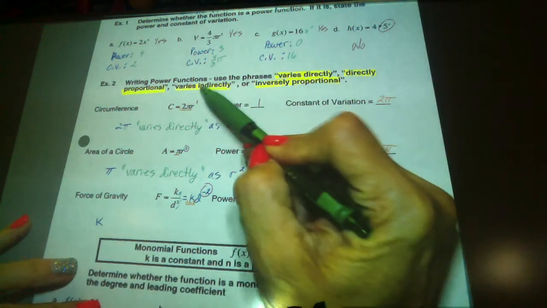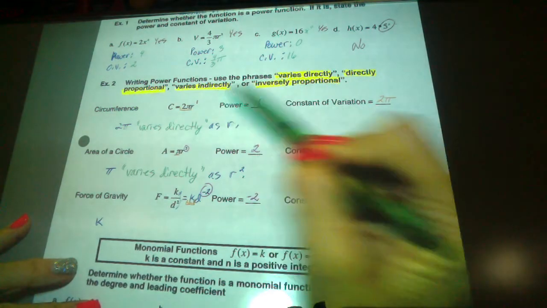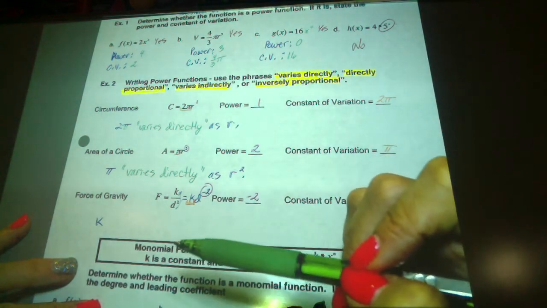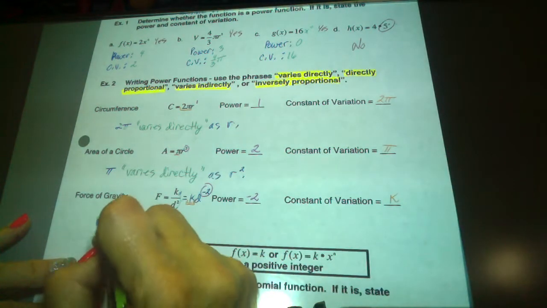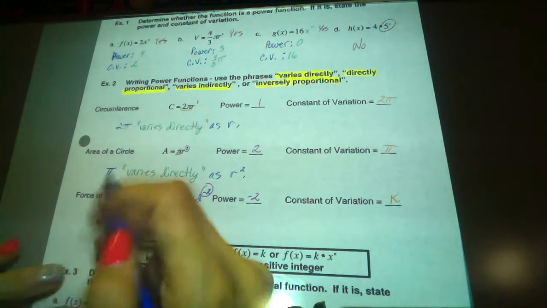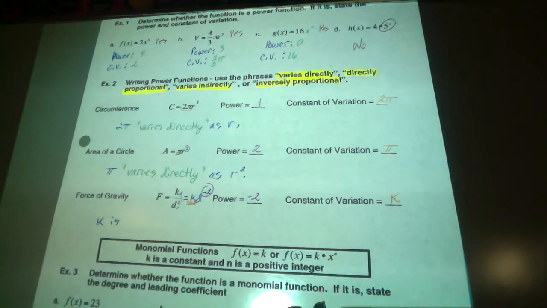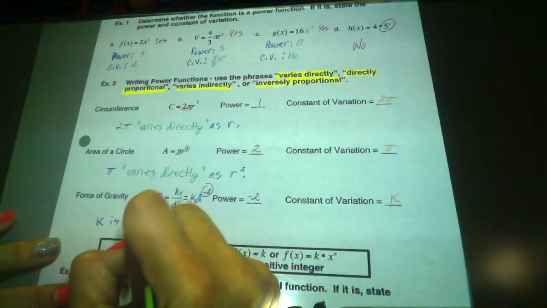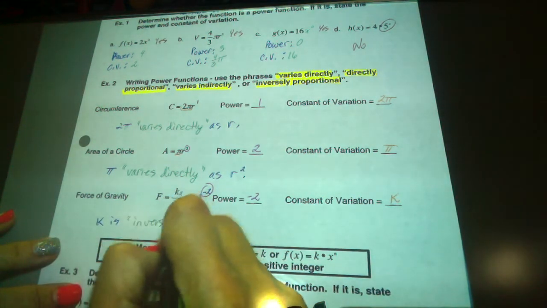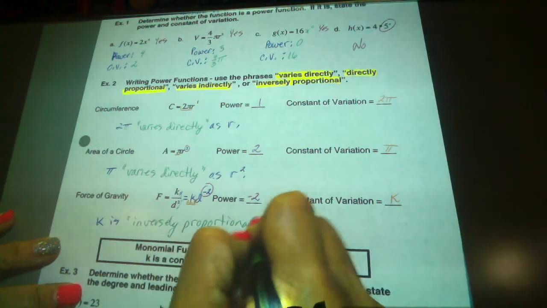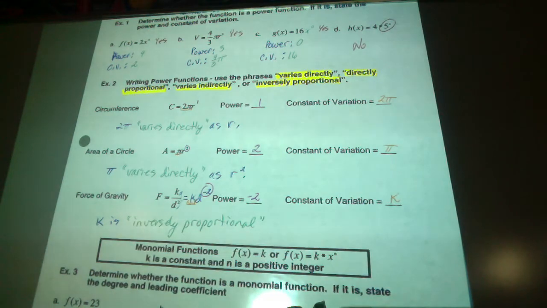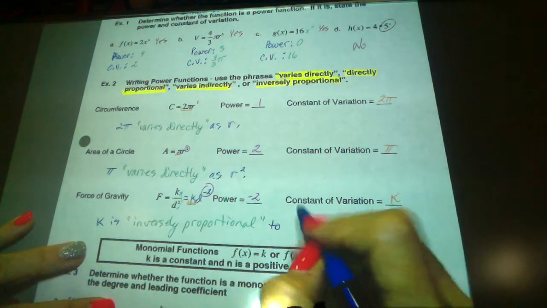These two right here: varies indirectly and is inversely proportional relates to your power being in the denominator. So K is inversely proportional to d squared.